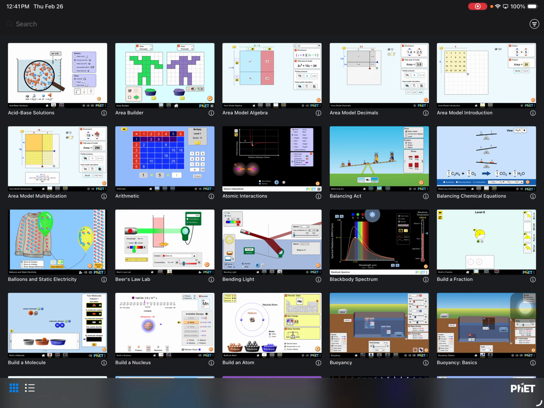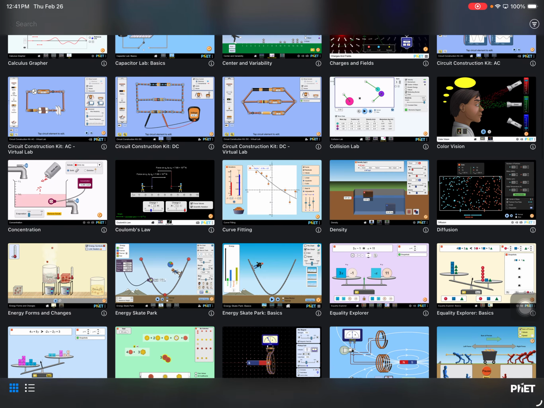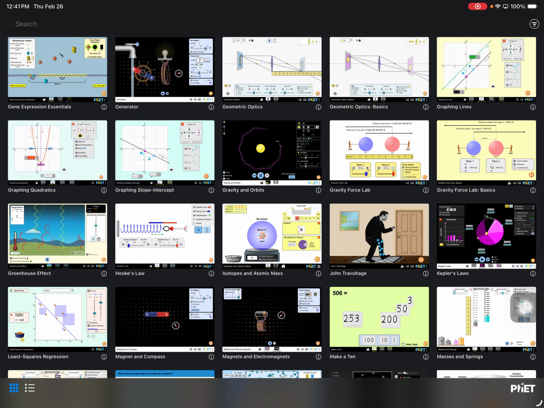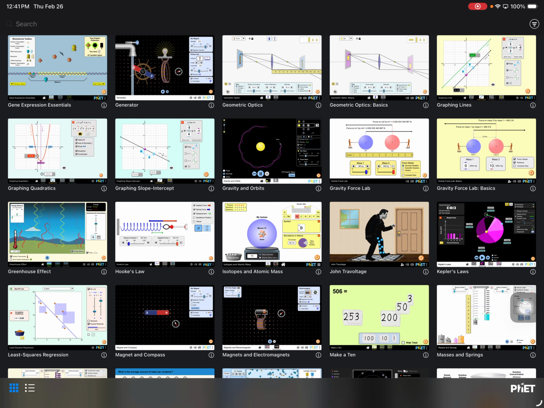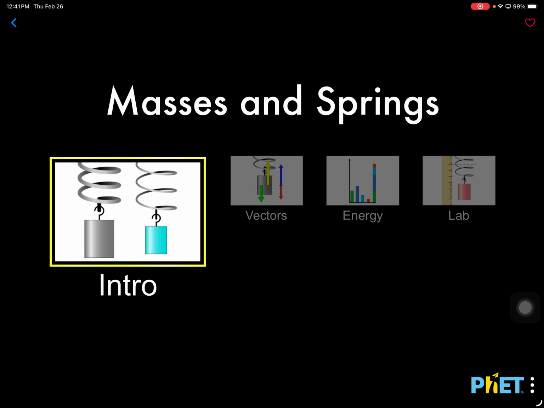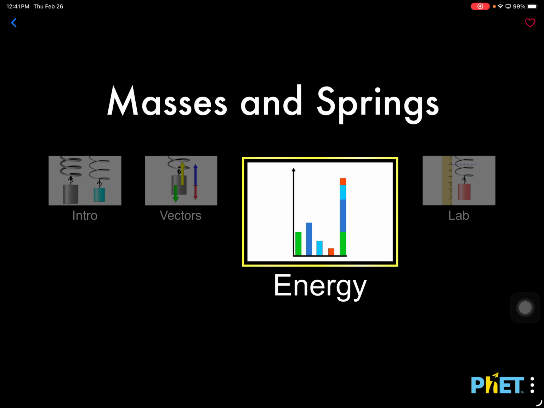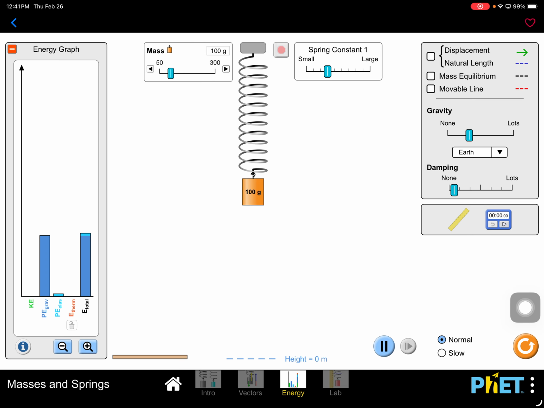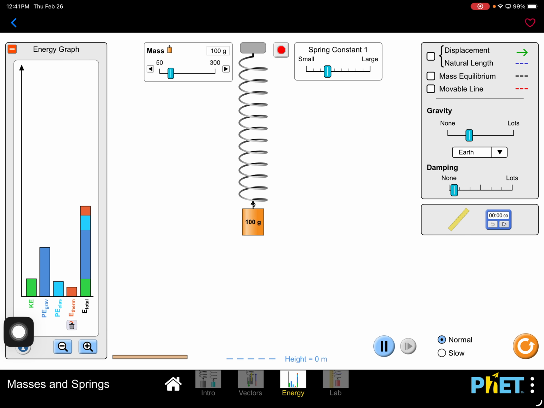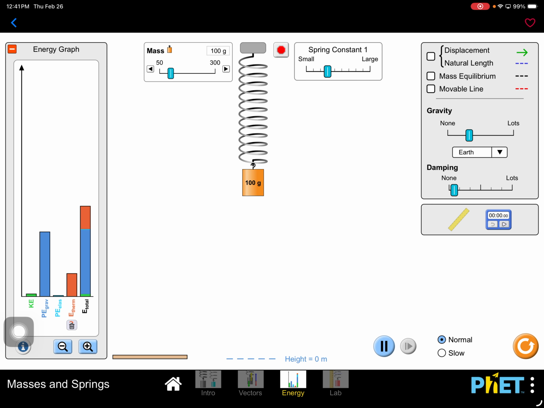Okay, so this is a vertically oscillating spring. So this is oscillating vertically, so it has gravitational potential energy as well.